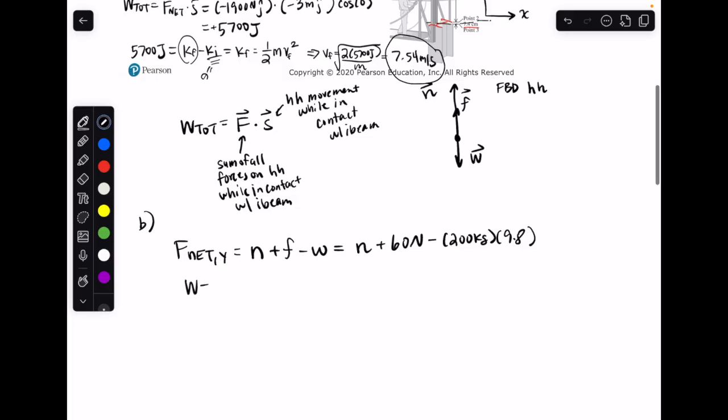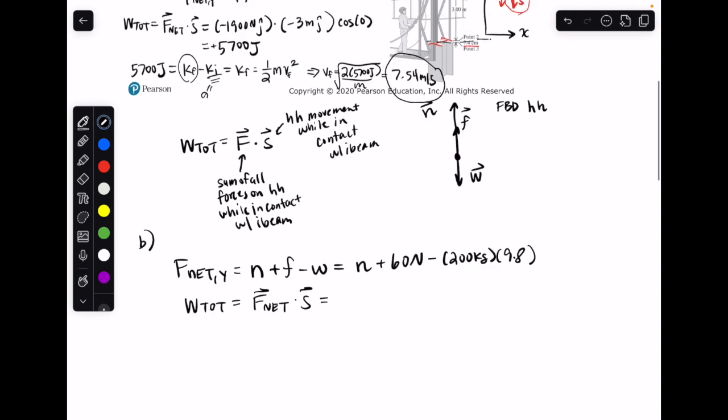We know that the total work done is equal to the net force times the displacement. The displacement now is going to be 7.4 centimeters downward.